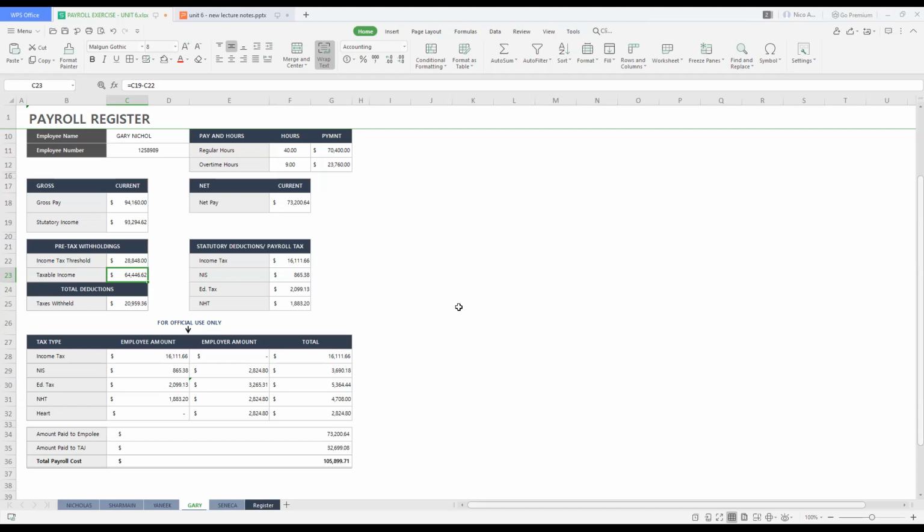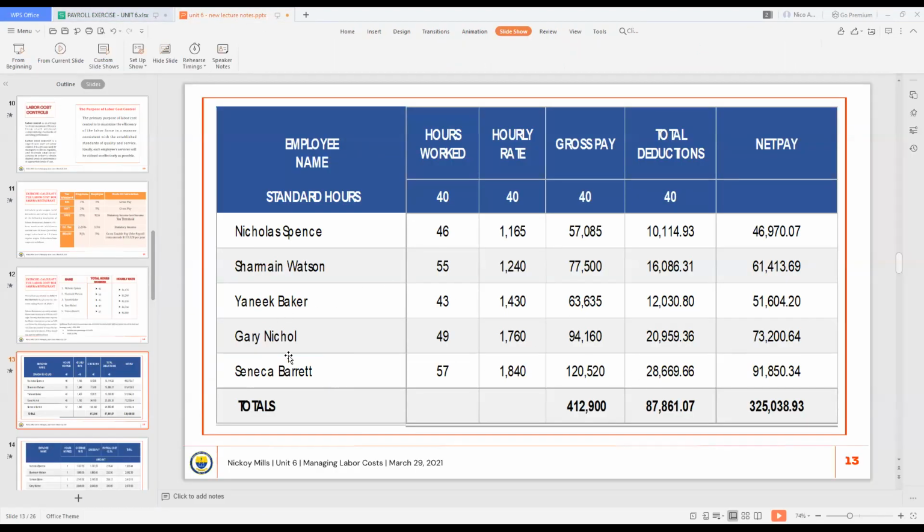$64,446.62. Then we're going to find 25% of that. So it's 25% of $64,446.62 to give us an income tax of $16,111.66. So Gary's total deductions would be $20,559.36.